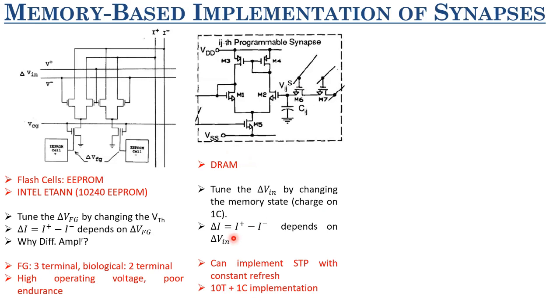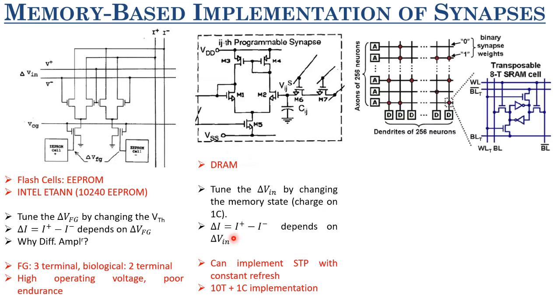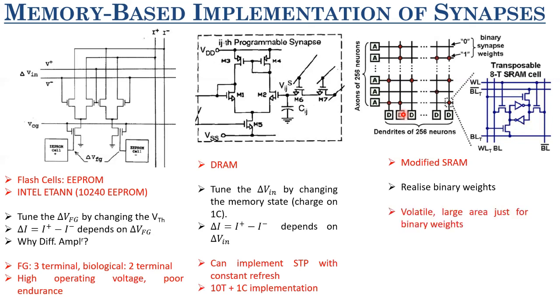So people also came up with SRAM-based implementations. They were not exactly plain SRAM-based implementations, but modified SRAM-based implementations. One of the commonly used SRAMs for this was the transposable 8T SRAM cell. With an SRAM cell, you could easily realize binary weights, right? We could easily tune the weights as 0 or 1.